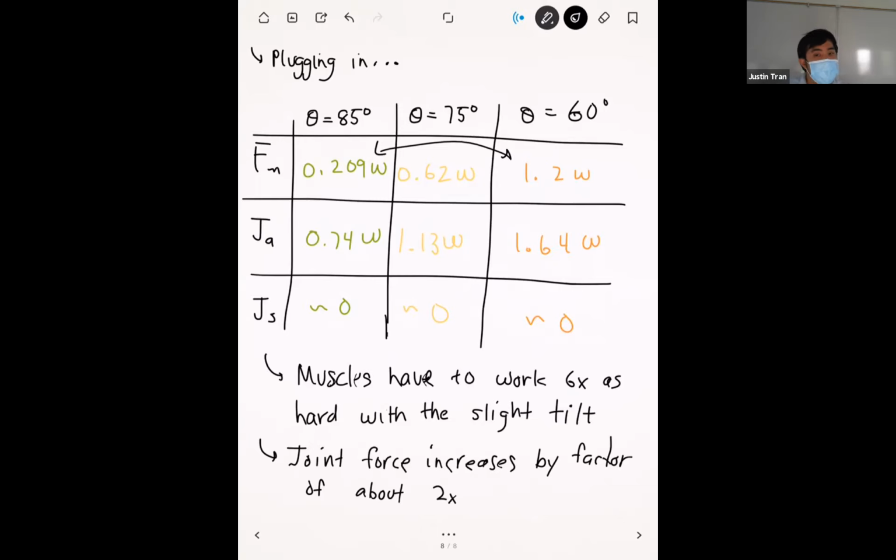And so that's pretty significant, for a case where we're not adding any loads at all. And so in case number 3, we're not picking up anything. We're not holding anything in our hands. The only thing we're changing is just our posture. It makes a dramatic impact on how much force that your body has to exert.